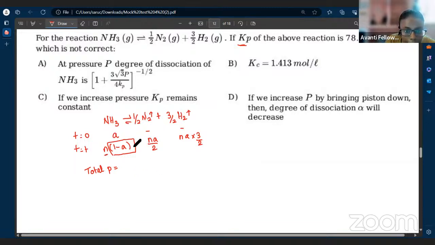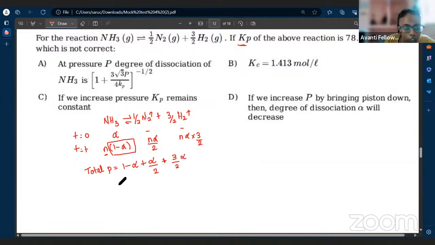So the total is 1 minus alpha, where alpha is the degree of dissociation, plus alpha by 2 plus 3 by 2 into alpha.